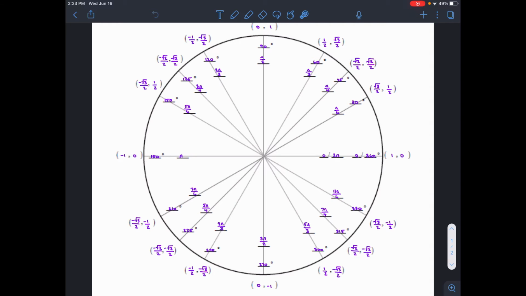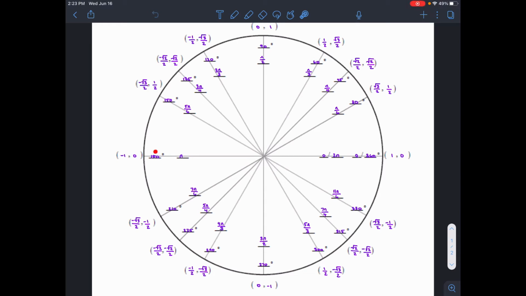To get these from degrees to radians, I would do 30 times pi times 1 over 180, and then I get pi over 6. That's what it simplifies to, and I do the same for all three of these, and then I would just memorize these three for the radians.